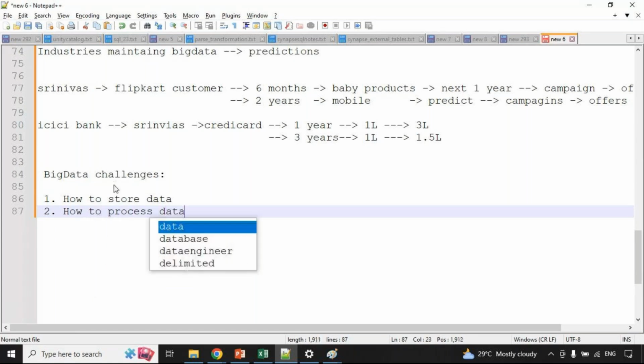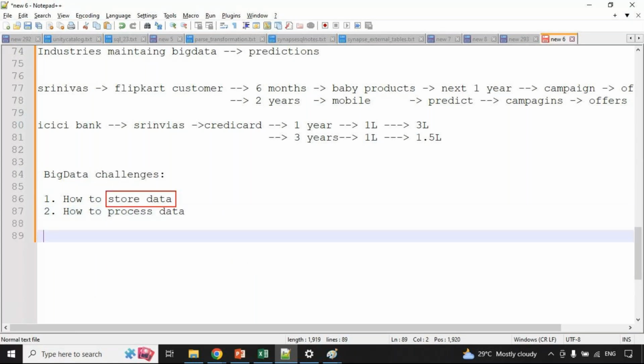The traditional data warehouse does not support storage of this data, so how to store the data is one challenge, and how to process the data is one more challenge. These challenges are overcome by Hadoop, guys. Whatever is done in Hadoop, the same thing we can do in a cloud environment also.